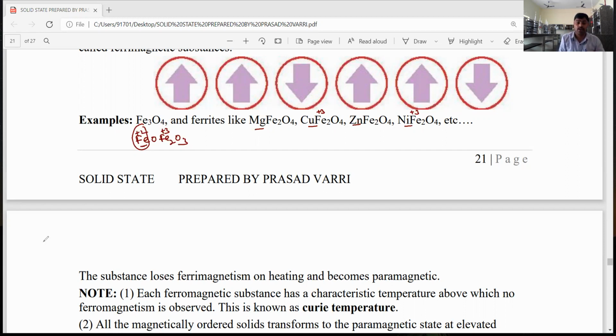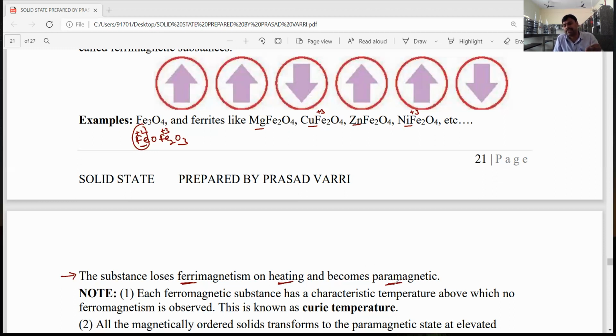Okay, dear students. Now, if a substance loses ferrimagnetism, ferrimagnetism means, as I said, the number of parallel spin electrons is more than the anti-parallel spin electrons. That's why the resultant magnetic moment mu is not equal to 0, hence they are weakly attracted. So when that ferrimagnetism is lost upon heating, it becomes paramagnetic in nature.